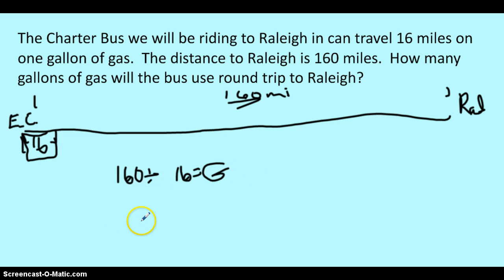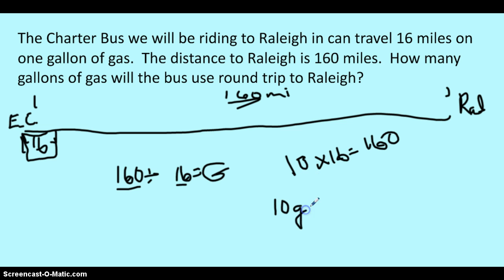So now, we should see that 160 and 16 can be easily seen that the only difference between these two is that there's a 0 on the end here. So therefore we know that it takes 10 times 16 to equal 160. So therefore the number of gallons to get to Raleigh is 10 gallons.